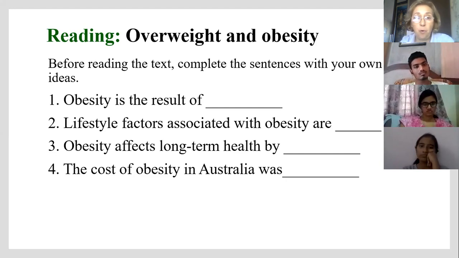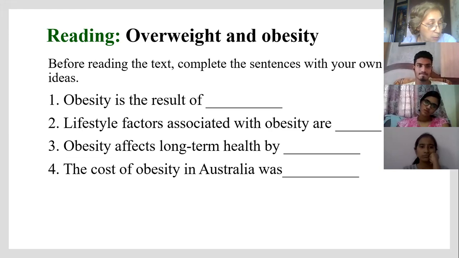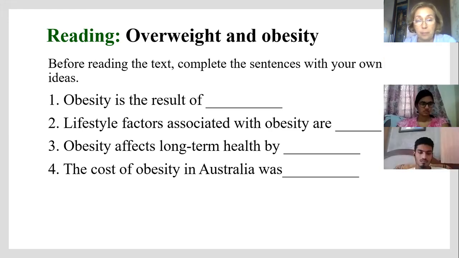Before reading the text, let us look at the sentences and try to complete them with your own ideas. So what do you think about these statements? Let us listen to Suhita, please, the first sentence. Yes, ma'am.